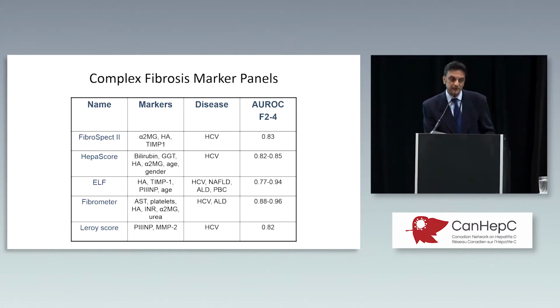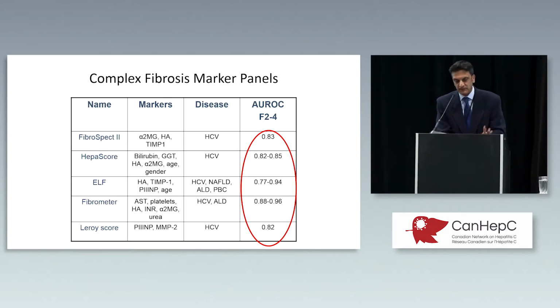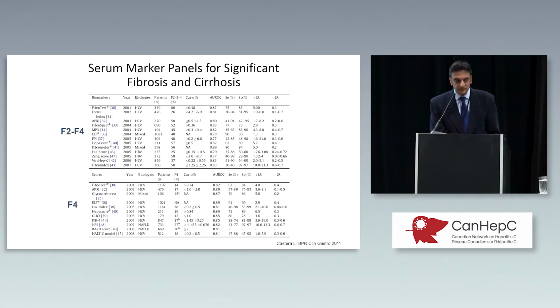FibroSpec 2 is still available through Prometheus Labs, again charging $250 to $300 per patient and giving you AUROCs which are no better than essentially the simple markers I showed you, such as FIB4 and APRI, though without the indeterminate scores. But again, I haven't got time to show you all the data in comparisons with these different marker panels. But again, no different to Fibro test.